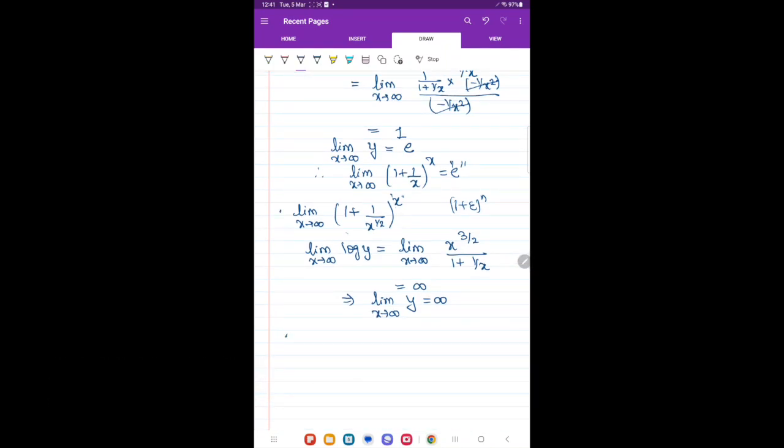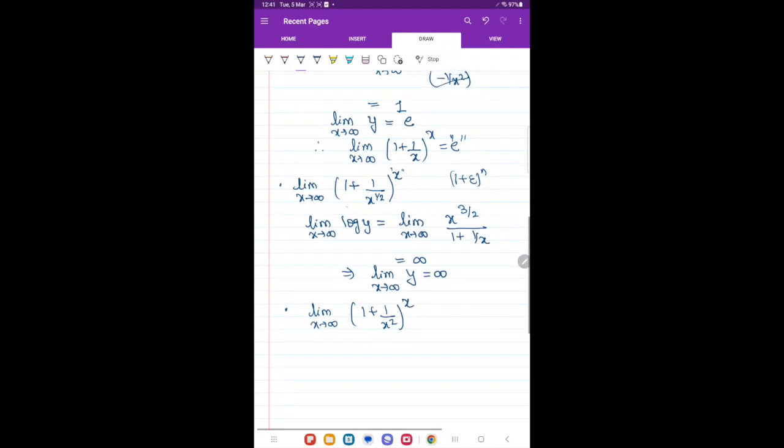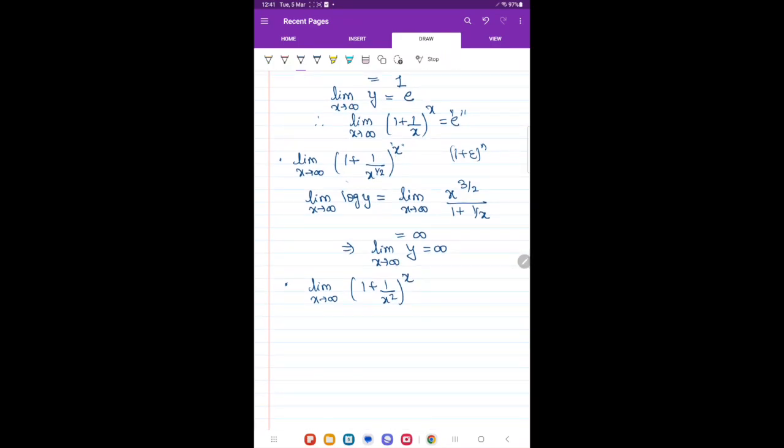Similarly, I can play around with one more example to conclude this talk. So let's take now 1 plus 1 upon x square raised to power x. Here f of x is approaching 1 very very fast as compared to g of x, so I should get the limit near to 1, less than e for sure. That's the idea. So let's see what happens here.